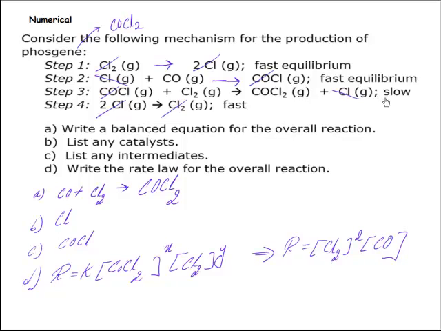The rate determining step obviously is the slower step, and it involves 2 reactants, COCl and Cl2. So I can safely say that the rate of the reaction is dependent on chlorine concentration and COCl concentration.